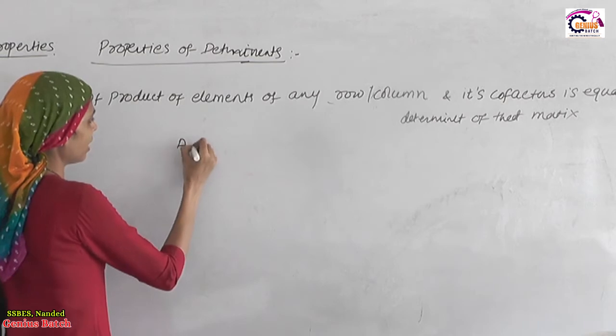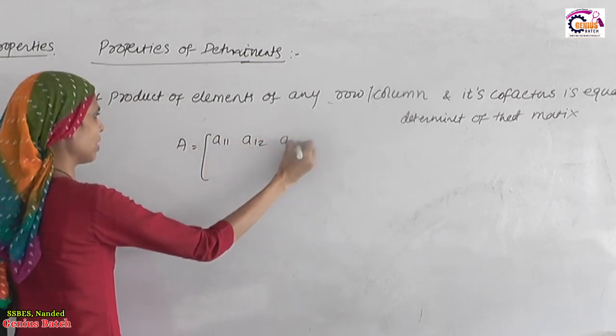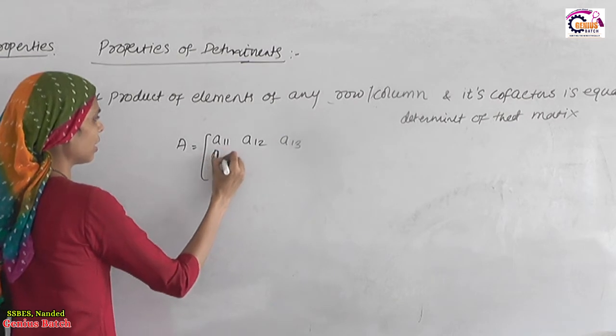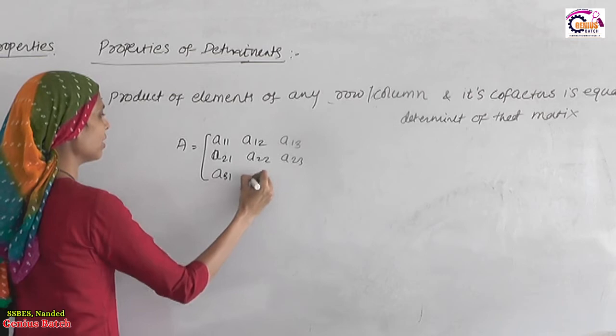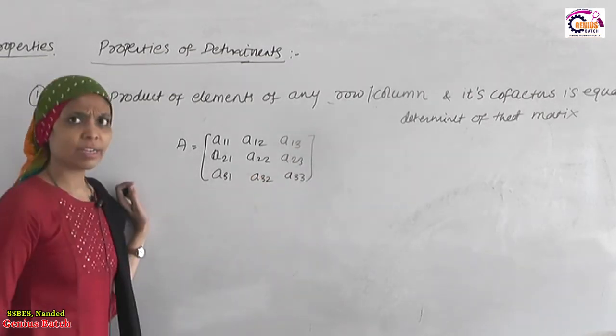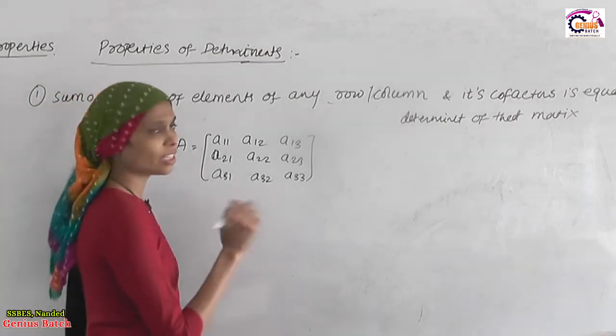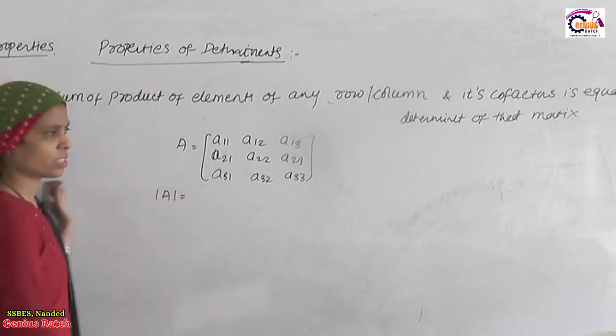So suppose A is a matrix like this: A11, A12, A13, A21, A22, A23, A31, A32, A33. First let us find the value of determinant A. You know how to solve an order 3 matrix now, right?